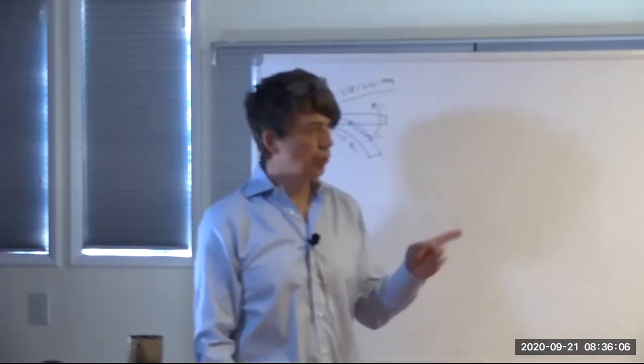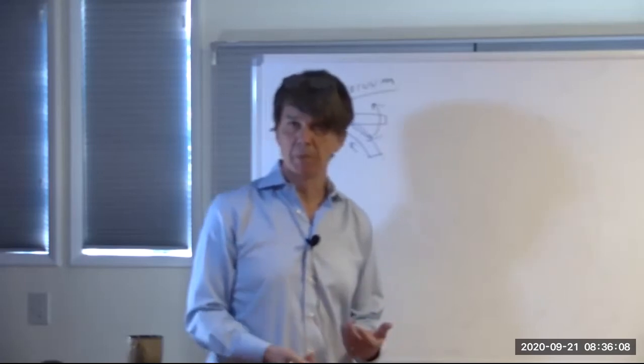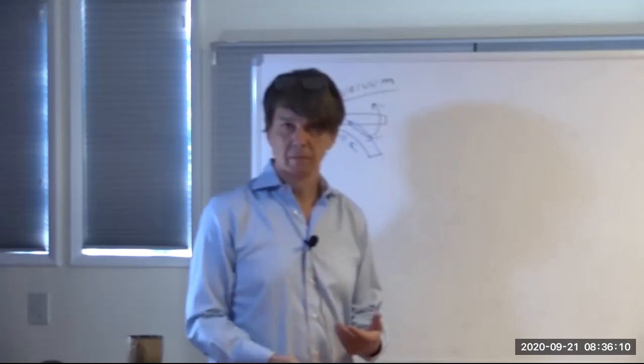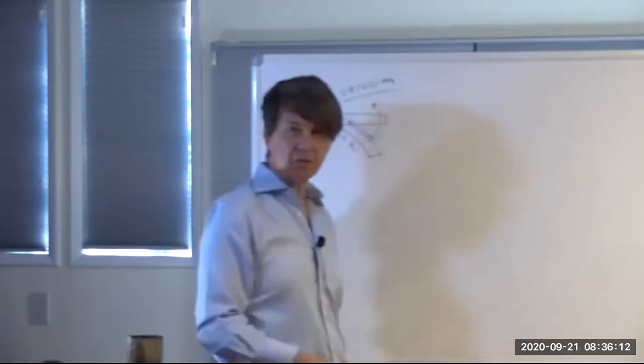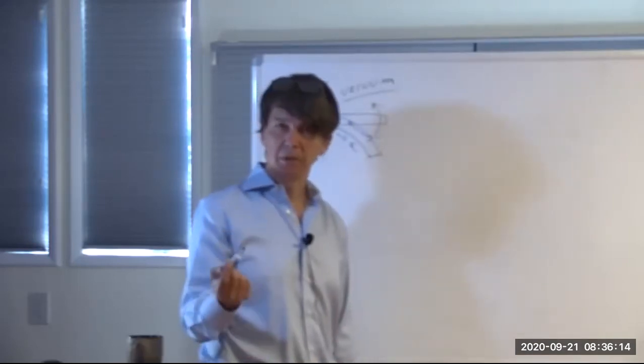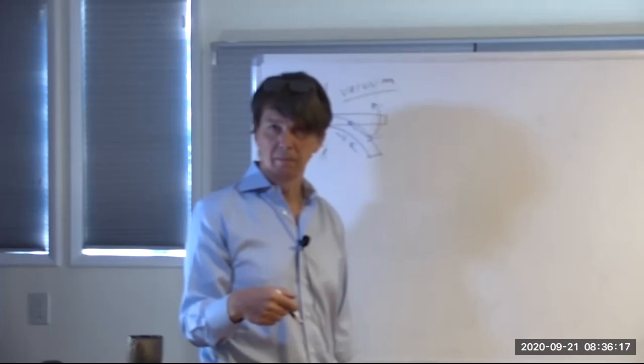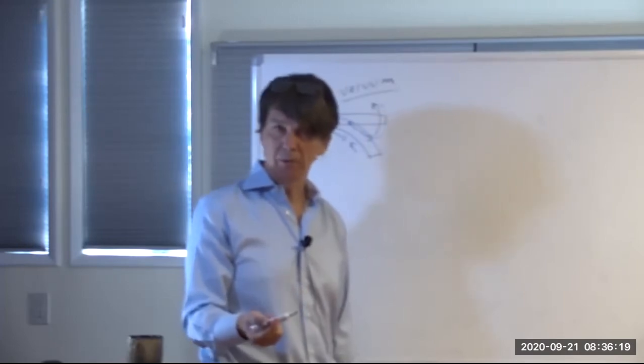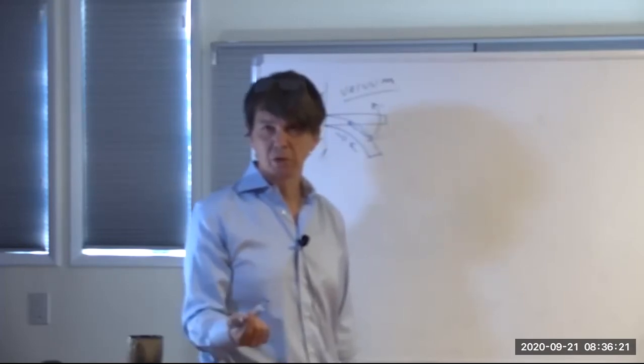And what we just showed is that that creates a temperature gradient. So one side of the cantilever is going to be at a higher temperature than the other side. That means that heat's going to flow. That means that you're going to have energy dissipation.